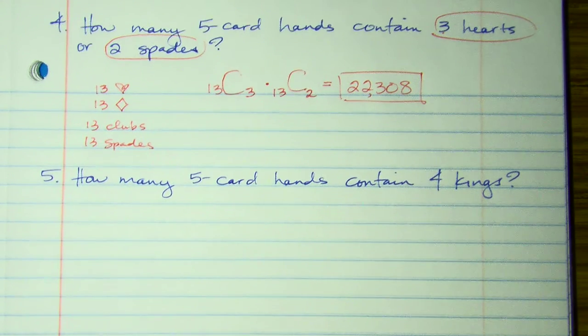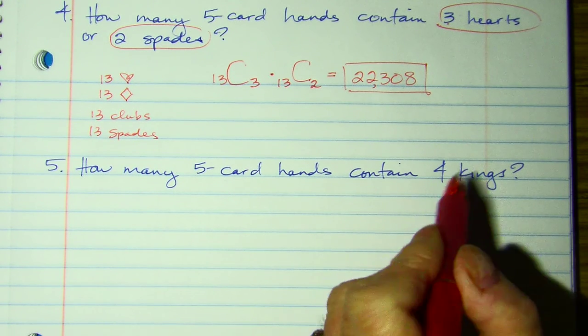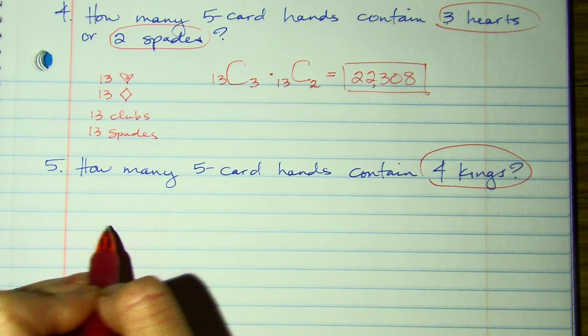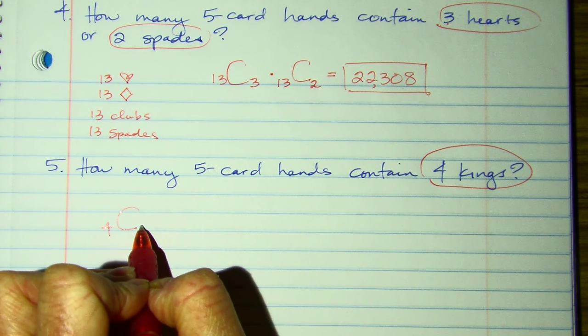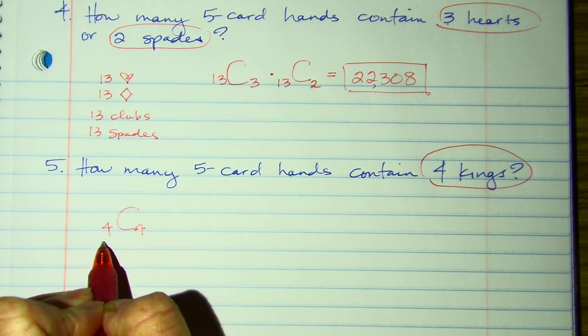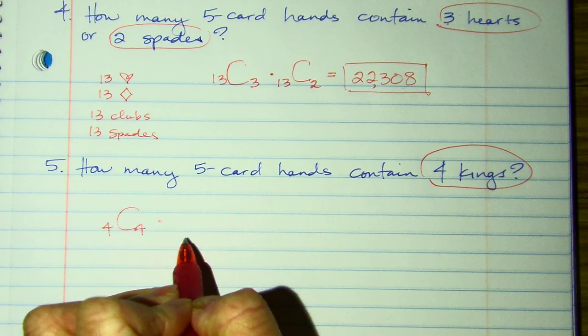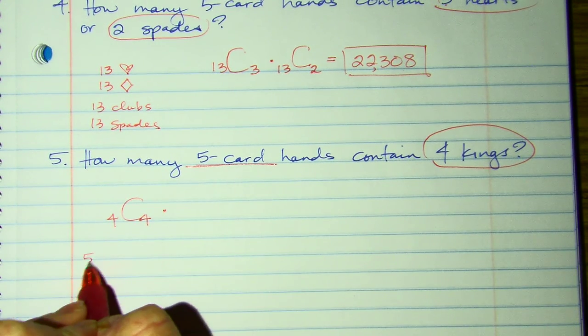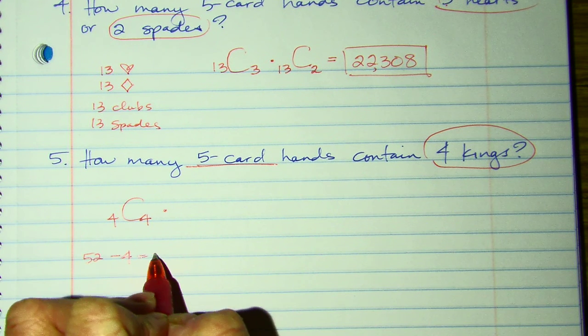Last one, how many 5-card hands contain 4 kings? Well, there are only 4 kings in a deck, right? So there are 4 kings, you're choosing 4. Times, you still have 5 cards in your hand. So 52 cards minus the 4 kings is 48.